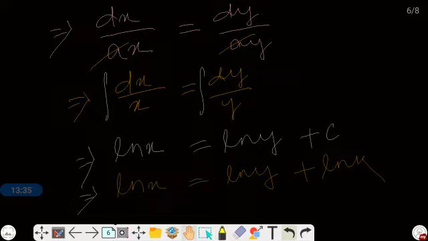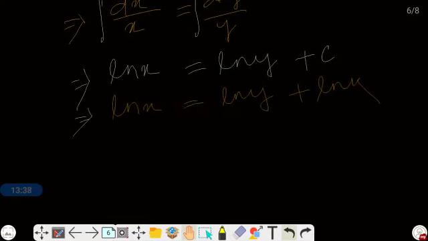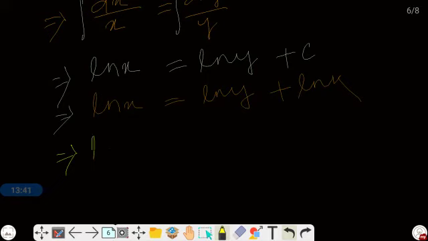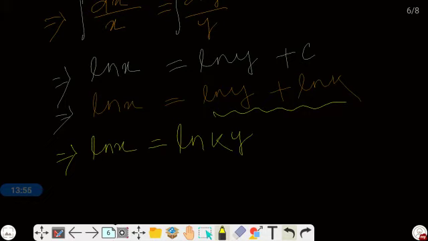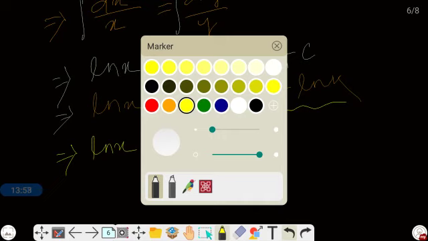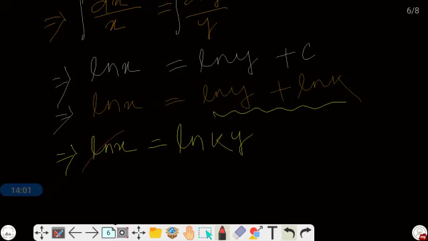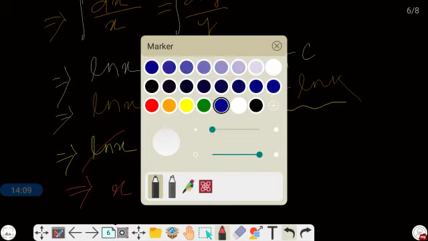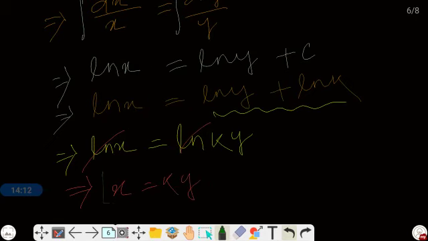So ln x is equal to, this is ln a plus ln b, so I can write it as ln ky. Yes or no? Yes. Now I will cancel the log from both sides. So my equation comes as x is equal to ky. So this is my equation of the streamline.